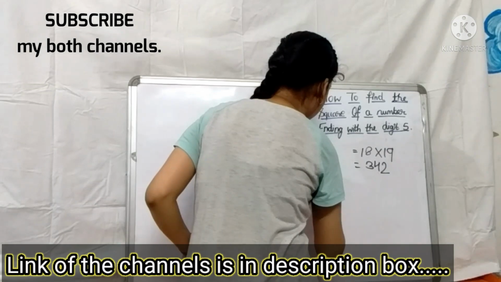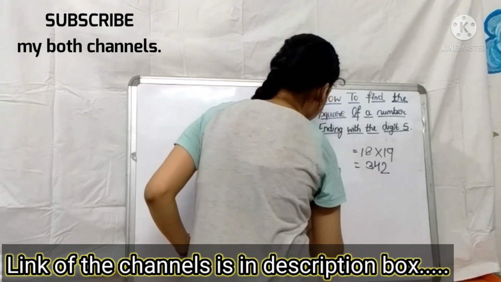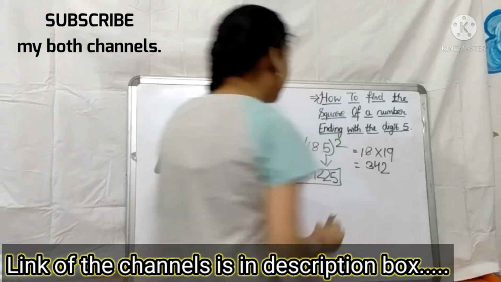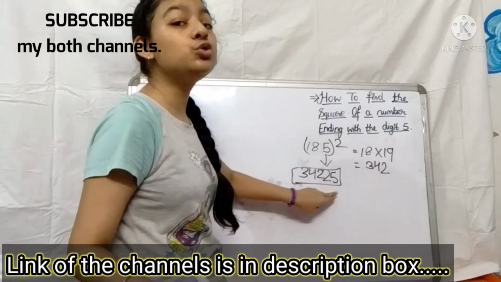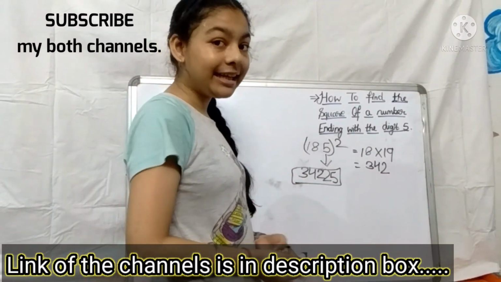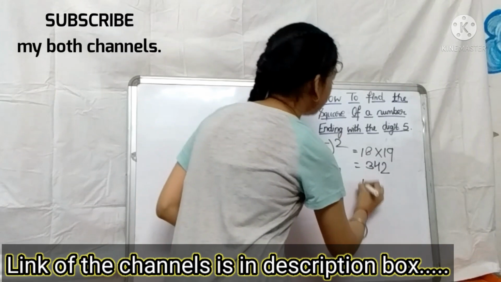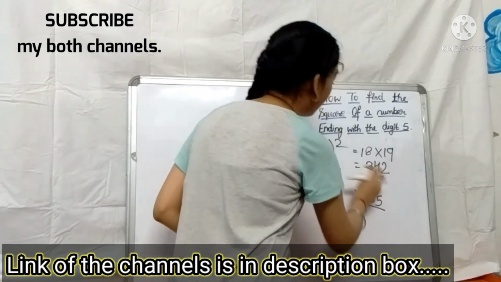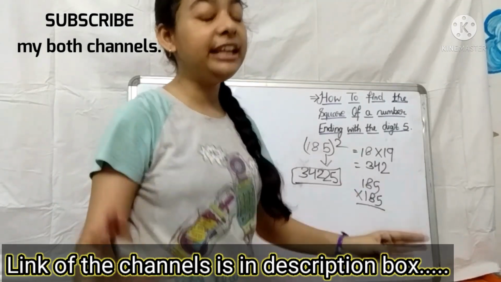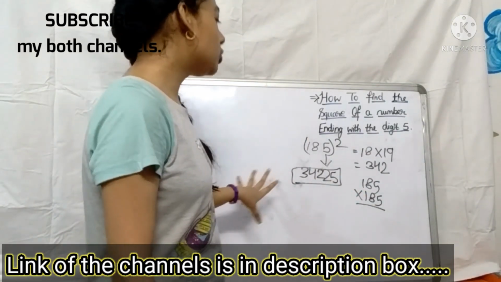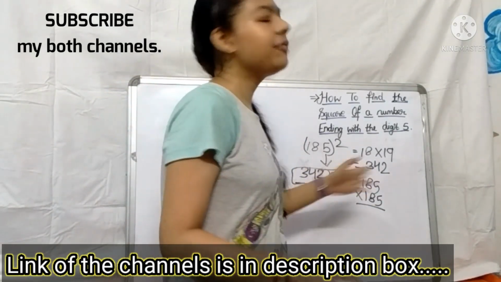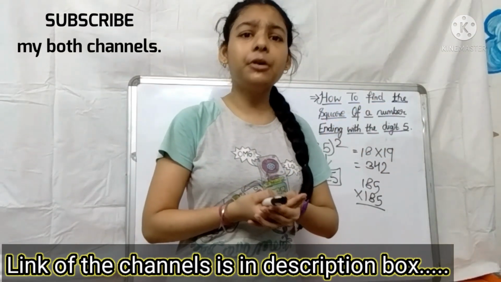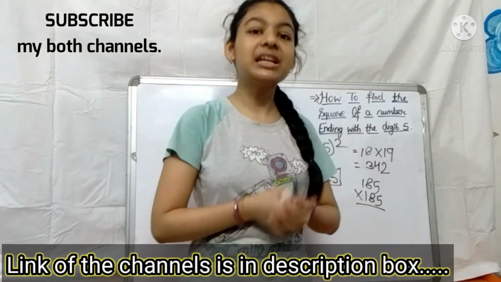So here it is 342. Means the square of 185 is 34225. How do you normally do it? Normally we do 185 into 185. We have to multiply the whole thing, which is very time consuming. So that's all. You can do the same thing with 4 digit, 3 digit and 2 digit numbers, right?